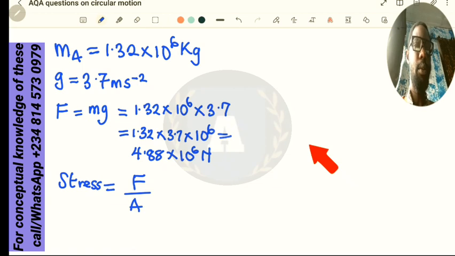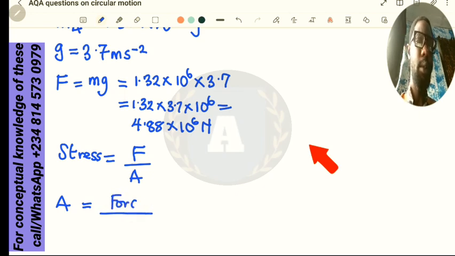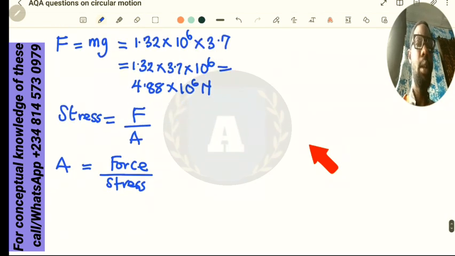Therefore area will be equal to force over stress. Now we can quickly calculate the area from diameter.